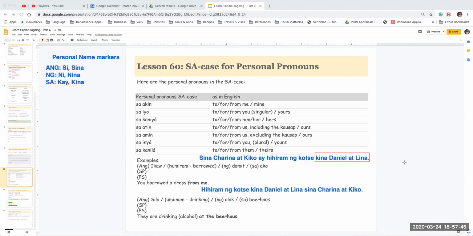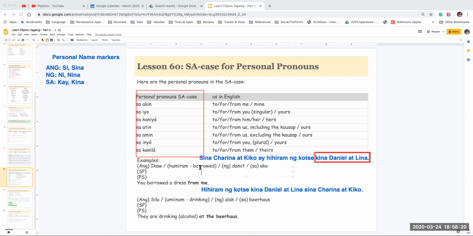Siya? Here, do you see this now? These are all personal pronouns sa case. So we can only use the sa case personal pronouns. Which of these can we use to replace kina Daniel at Lina? Sa kanila. Yes, very good.